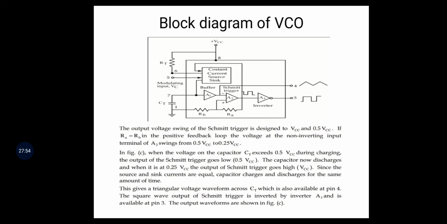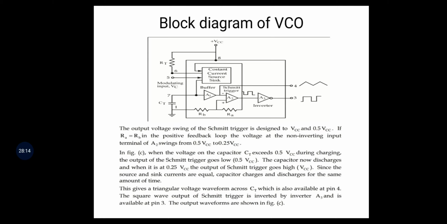When the voltage on the capacitor Ct exceeds 0.5 VCC during charging, the output of the Schmitt trigger goes low.